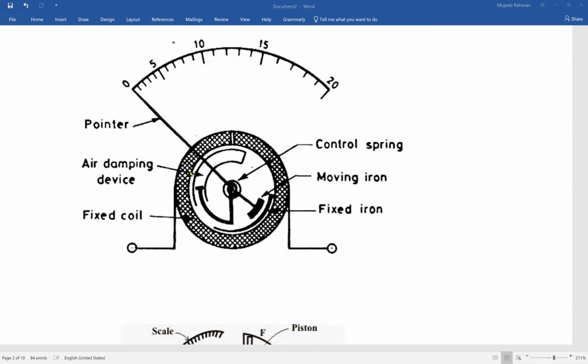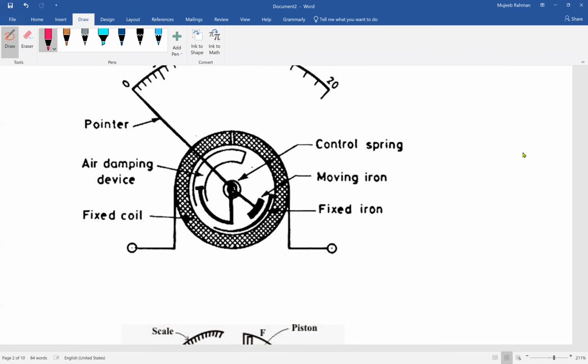So when a voltage is applied across this coil, or when a current is allowed to pass through it, the coil gets magnetized, and there are two iron pieces. One of the iron pieces is already attached to the fixed coil, and the other is attached to the center pointer mechanism.